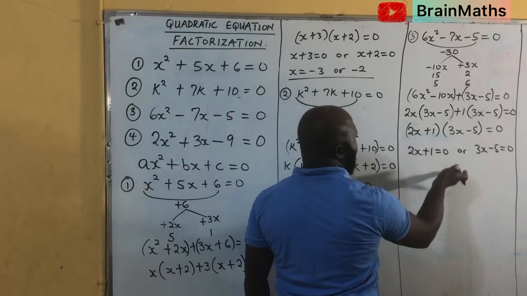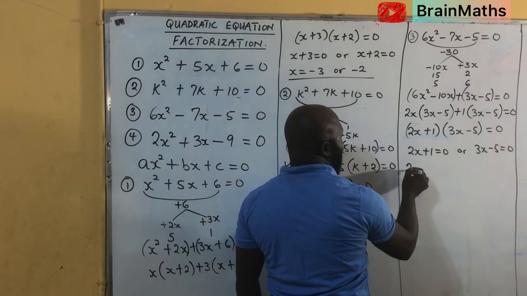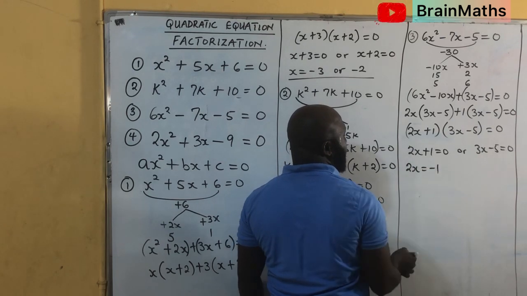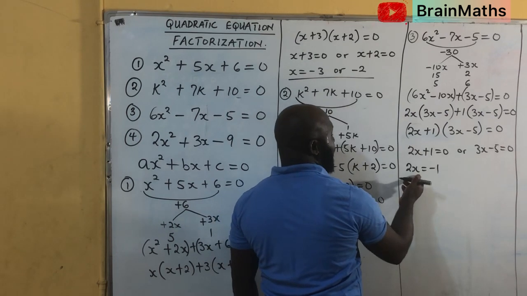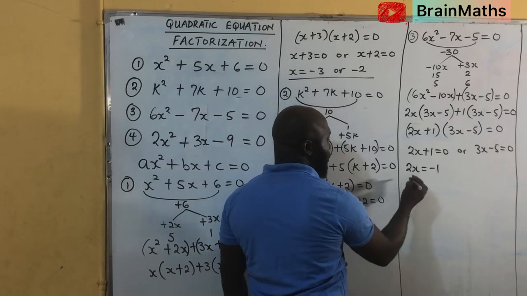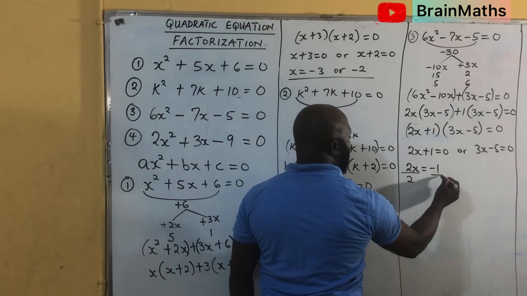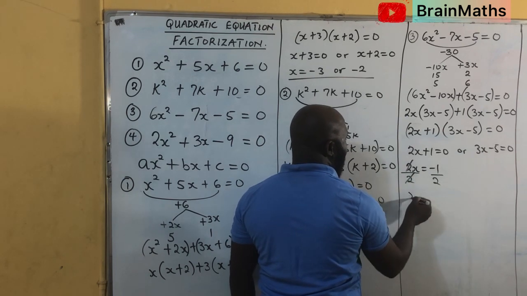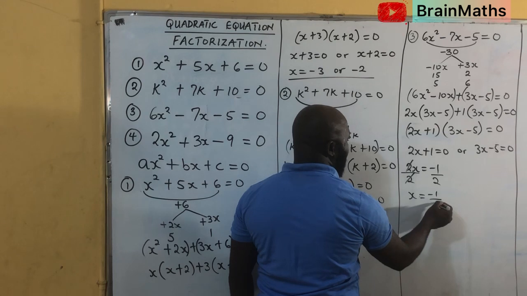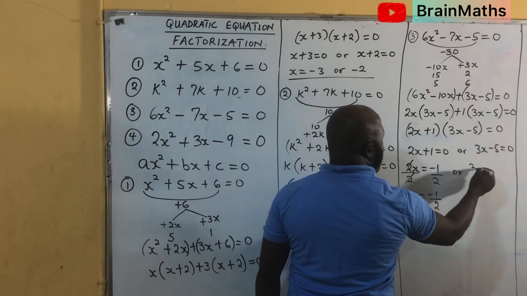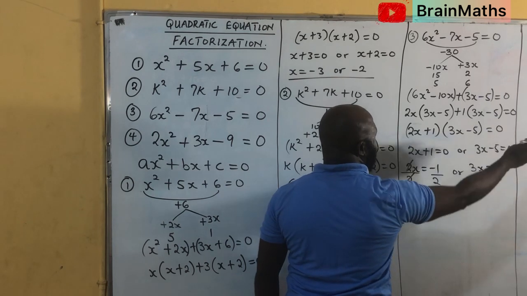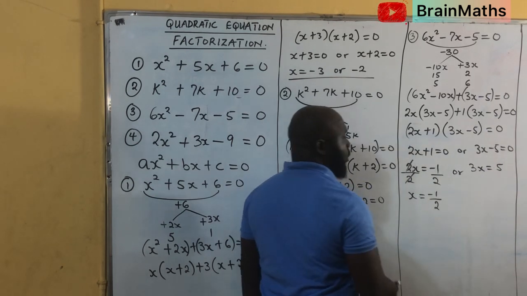So we are going to move the constants over. So we have 2x equals minus 1. What is common to the 2? None. But we are looking for the value of x. So in that case, we are going to be dividing both sides by 2. And our x for the first side is going to be minus 1 over 2. Or 3x equals, when minus 5 goes outside, becomes plus 5.